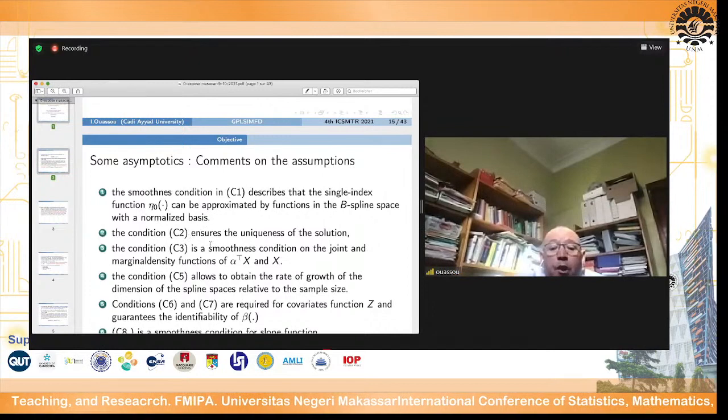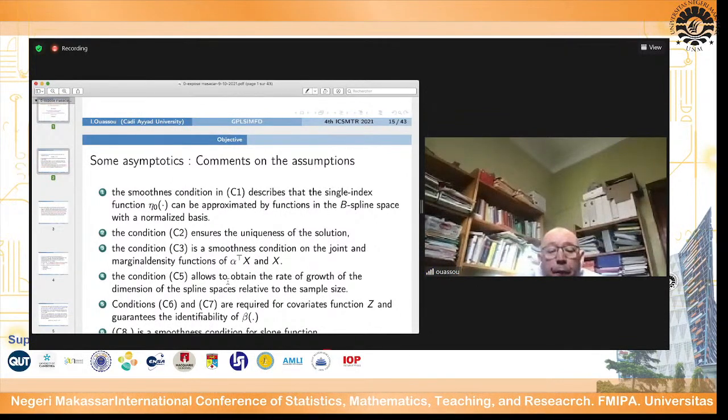For the second condition, we ensure the uniqueness of the solution. The third condition is a smoothness condition on the joint and marginal density function of the single index alpha X and X.